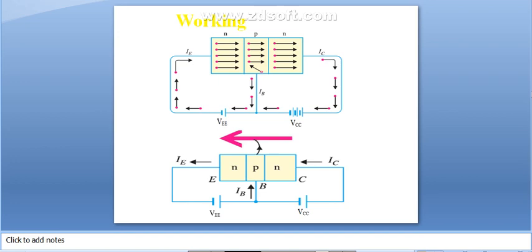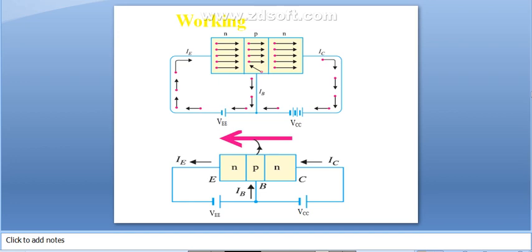The recombination of holes and electrons in the base region is very small due to the lightly doped p-type region. So a few electrons combine with the holes and produce a base current IB.